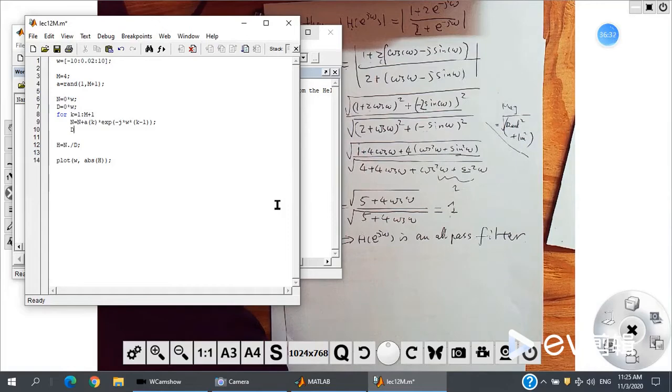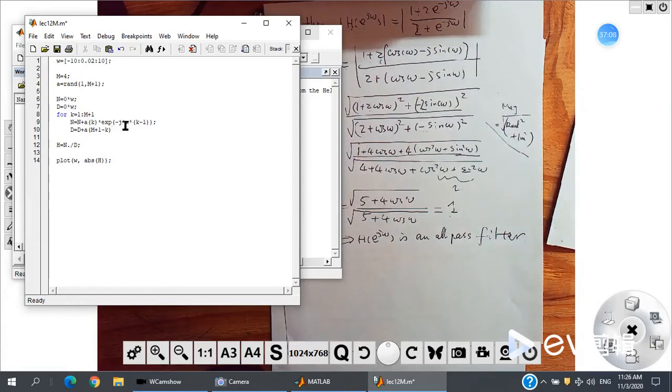And for d, we do the same thing. It's d plus a of, but now I need a reverse one. I need m plus 1 minus k, right? Reverse order. So the first one, when k is 1, for the numerator I use a1. For the denominator, when k is 1, I use am, right? Oh, not am. I need the largest one, which is a m plus 1.